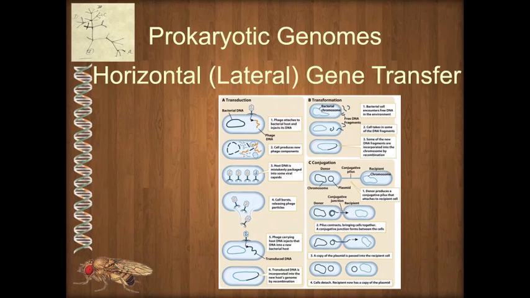So one of the outcomes of this is that it's very difficult, in fact not even very meaningful, to do a phylogeny of the prokaryotes. This is because any one individual prokaryote is going to have chunks of its genome that can be traced down different lineages.